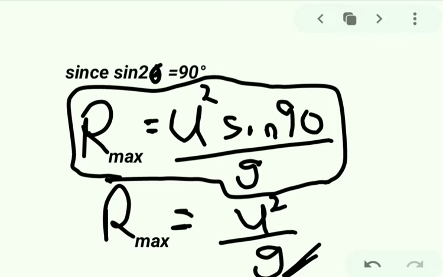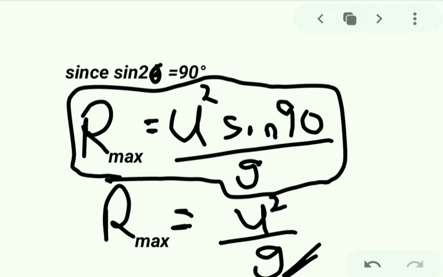So u square over g is the formula for maximum range. Since sine 2 theta is equals to 90 degree, anywhere you see sine 2 theta, we put 90 degree. Sine 90 is equal to 1. U square times 1 is u square. U square over g. This is the formula to find maximum range.